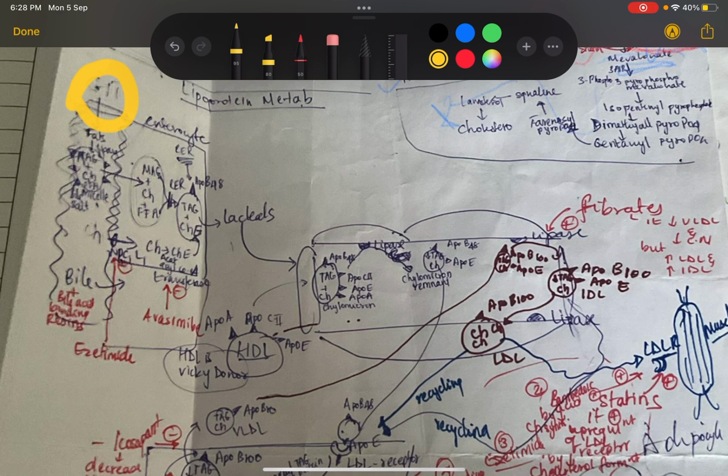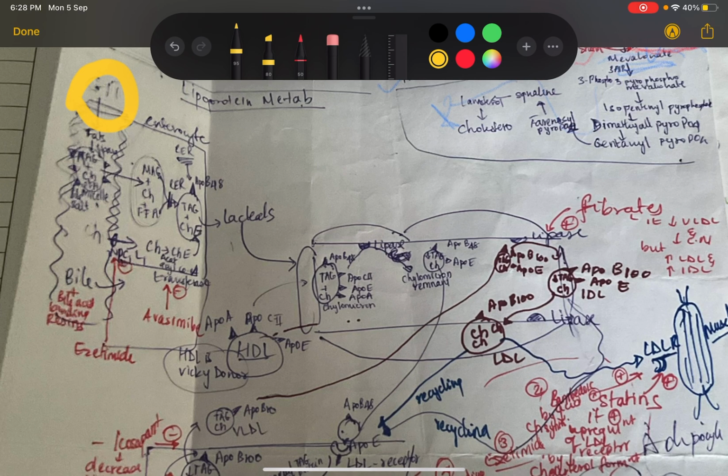So they come in as chylomicrons, correct? Now these chylomicrons that enter are broken down into triacylglycerols, diacylglycerols and one fatty acid, monoacylglycerols and two fatty acids, and stuff like that, plus cholesterol, obviously.